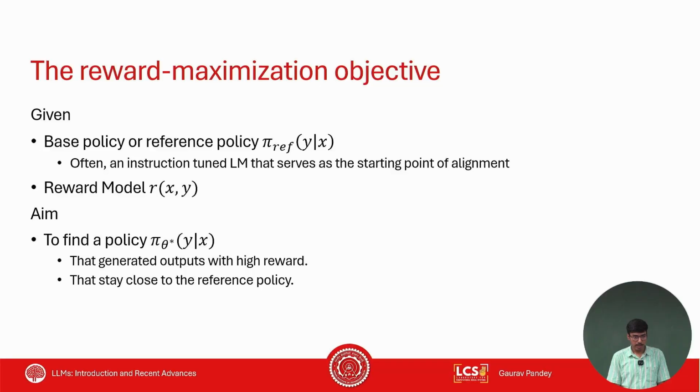If it's a good distribution of what natural language sentences should look like, then what you're saying here is don't deviate too much from your starting point. The output should still look like reasonable natural language and should be reasonable outputs for the given prompt. So these are the 2 objectives that we try to maximize together.